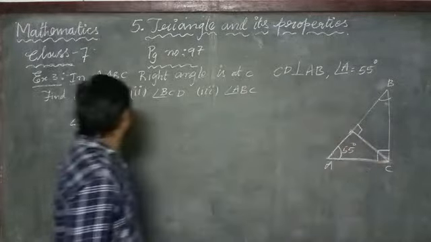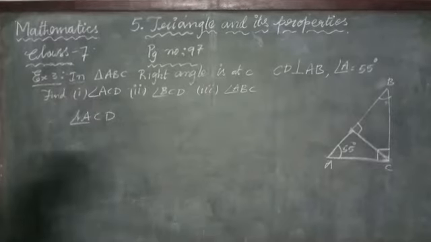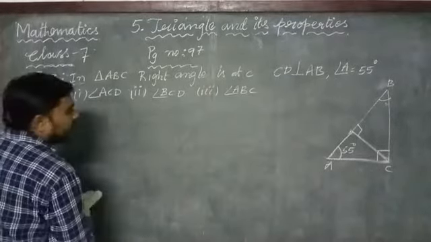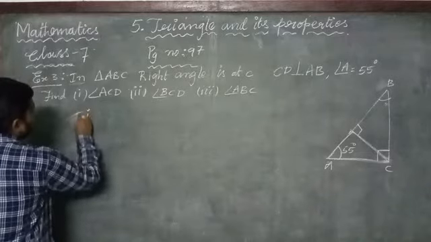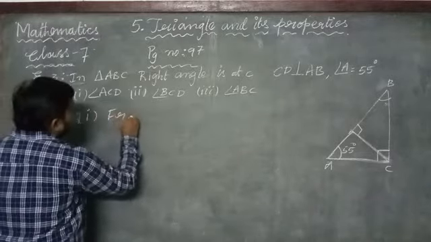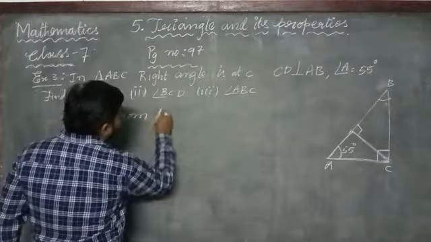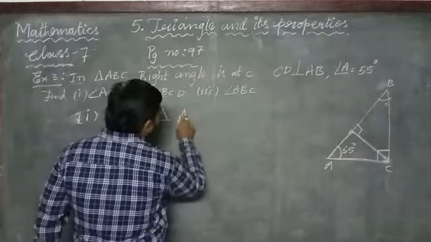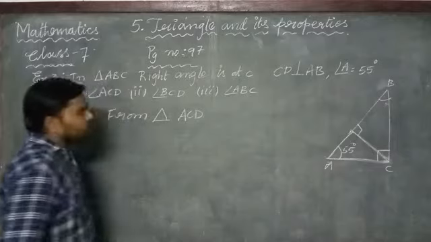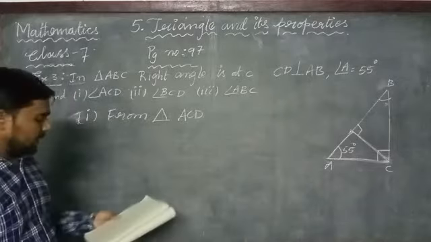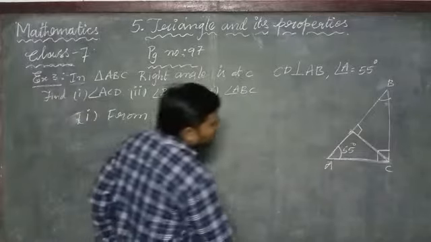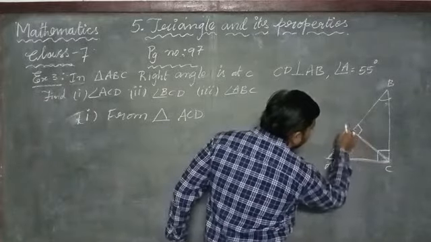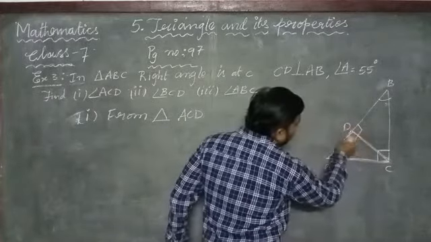By observing triangle ACD, we can know the angle C. From triangle ACD, we can write the angle of C. Here D is having 90 degrees.